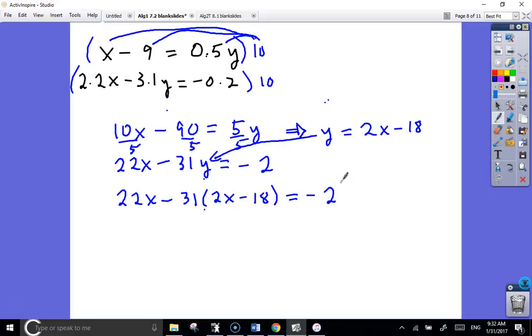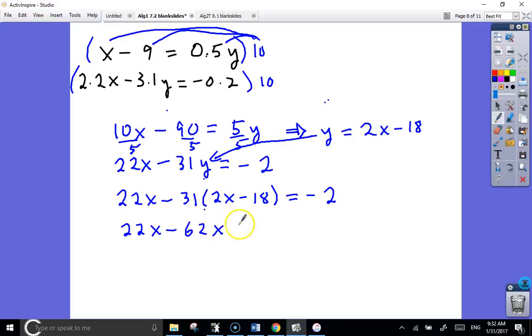All right. So first step, distribute. Minus 31 times 2, 62x. Negative 31 times negative 18. Uh-oh. Lily?